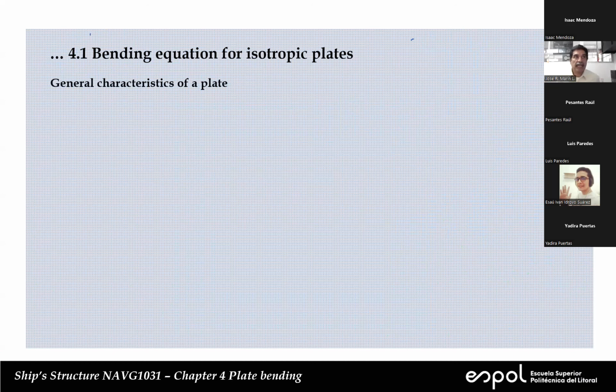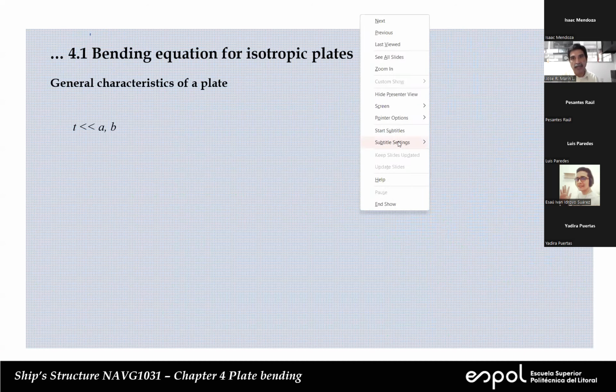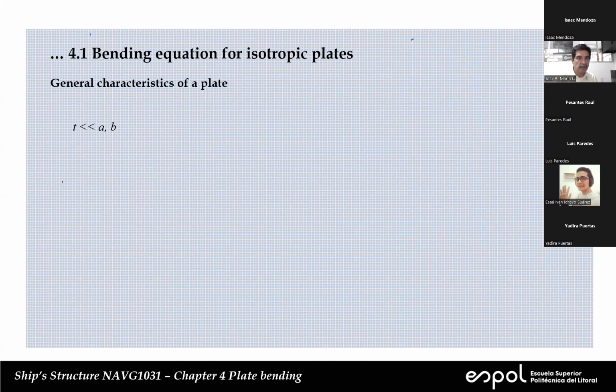So there are some general characteristics of this plate that will allow us to do some simplifications. First, the thickness is very small compared to the other two dimensions. So in general, we're going to be working with rectangular plates.